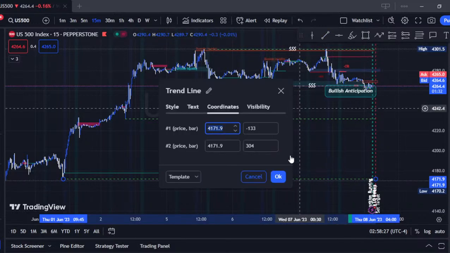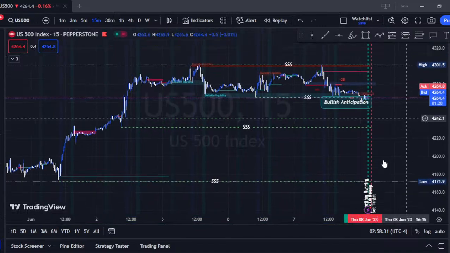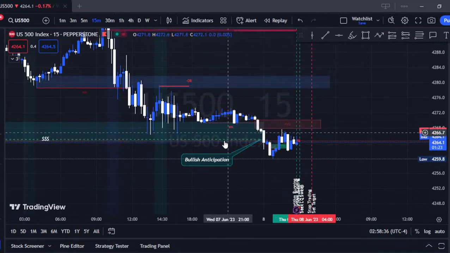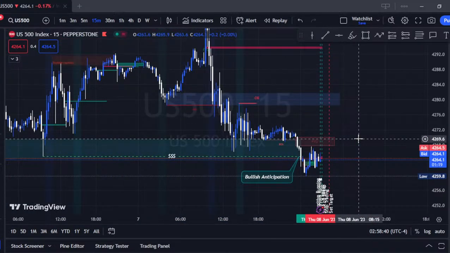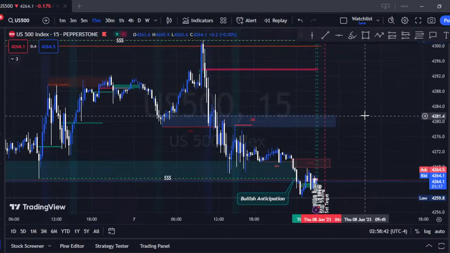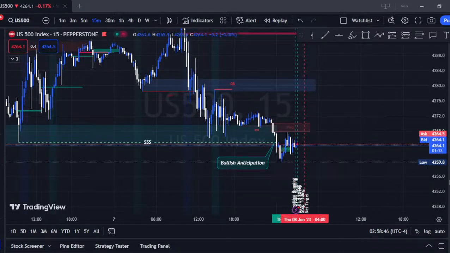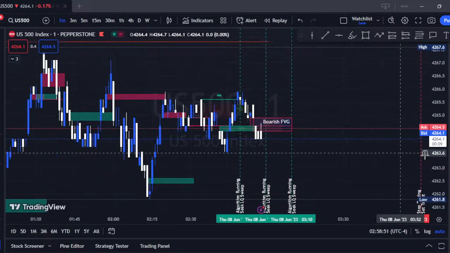These are the lines that we will be looking at, but since the price already swept this liquidity on the sell side, we will be looking for a buy scenario here. Let's go to 1 minute, see what's going on here.